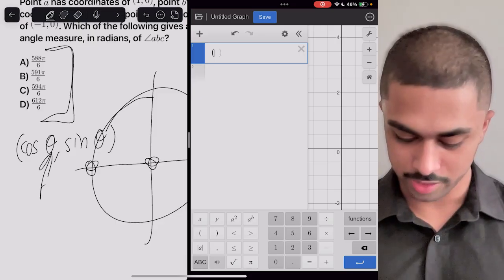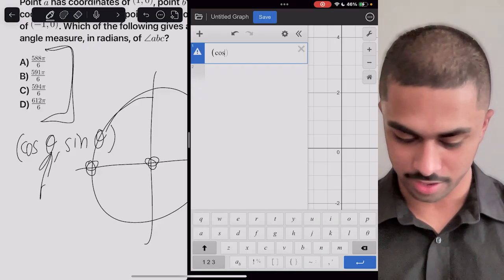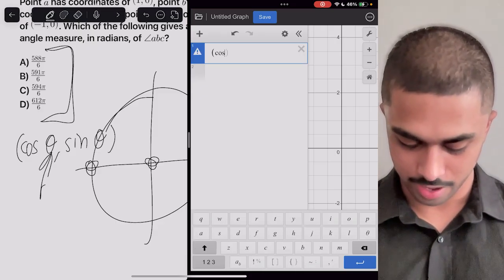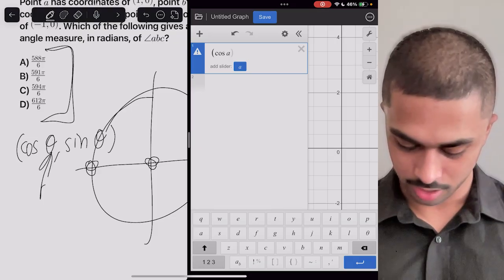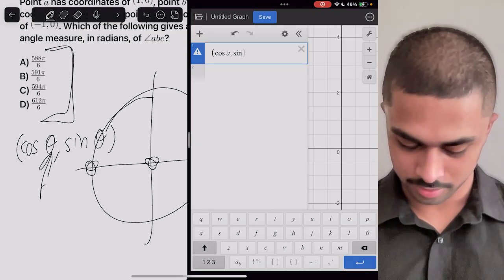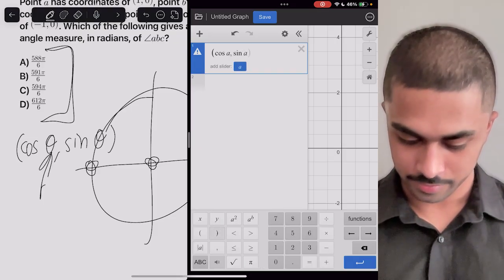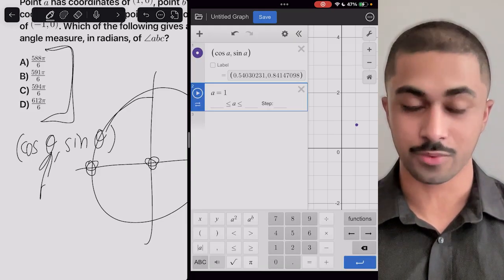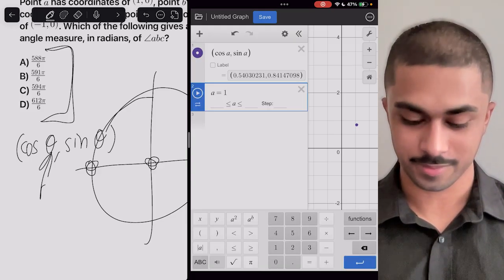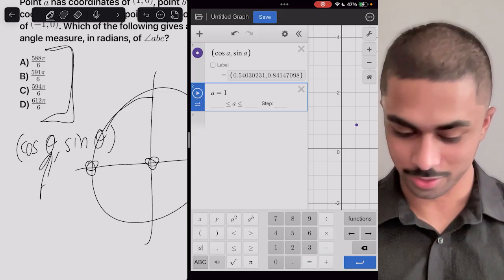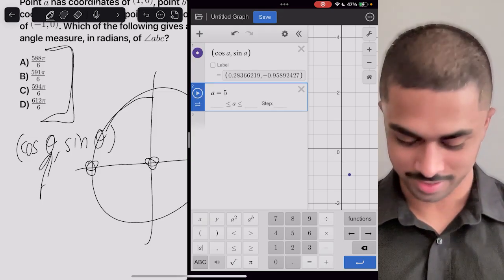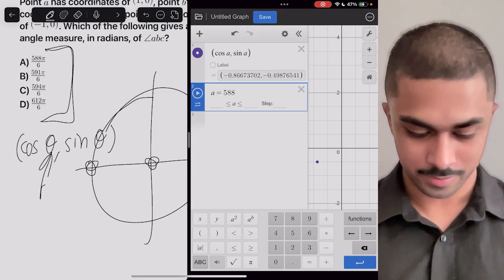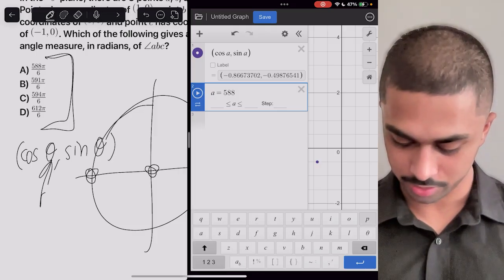You go to Desmos, you plug in cosine A, comma, sine A, and then let's plug in each of the 4 answer choices for A. And watch, this is going to blow your mind. 588 pi over 6.